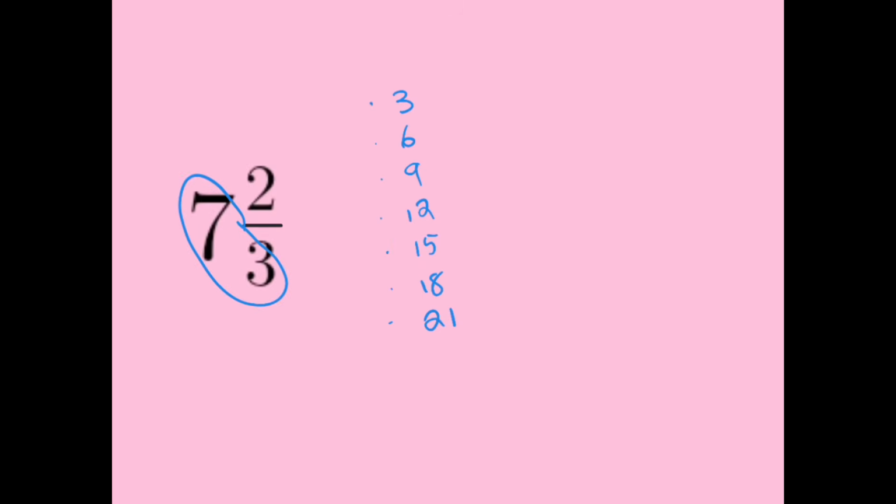So that is 7 times 3. Now we are going to add the 2. So there are 23 of the thirds. So 7 and 2/3 is equal to 23 thirds. Now it is your turn. You got this.